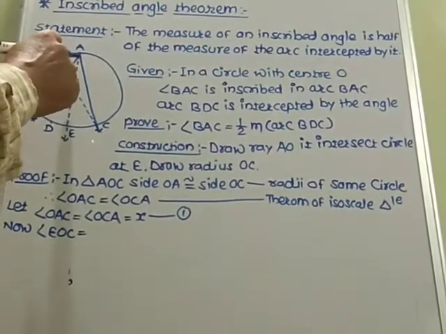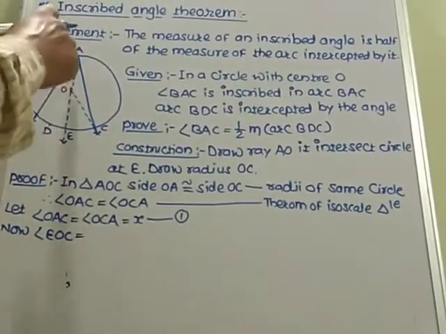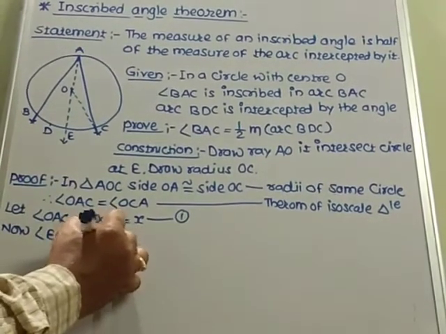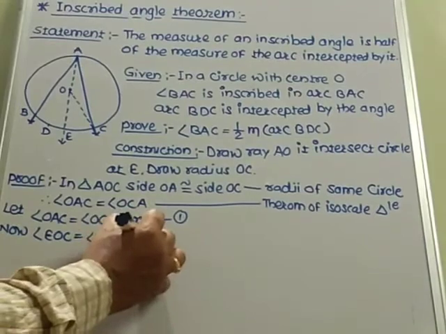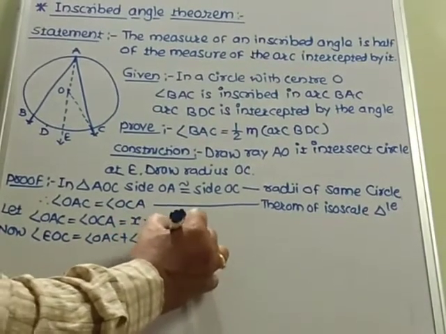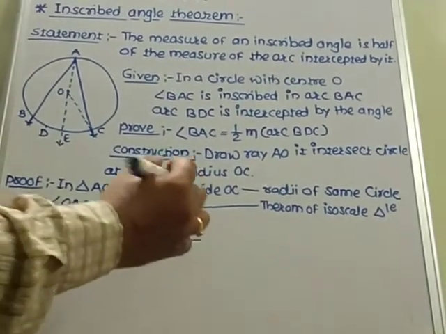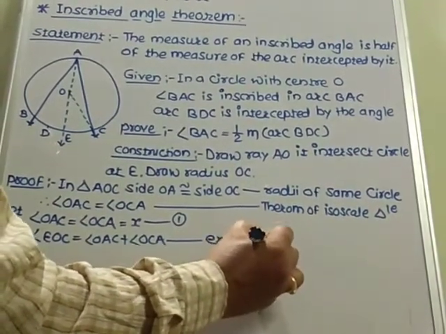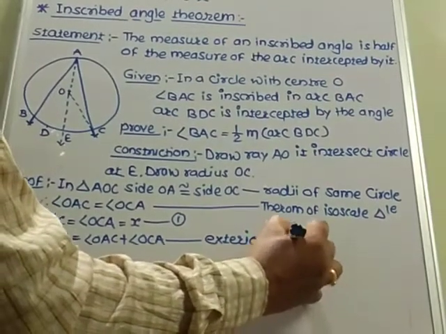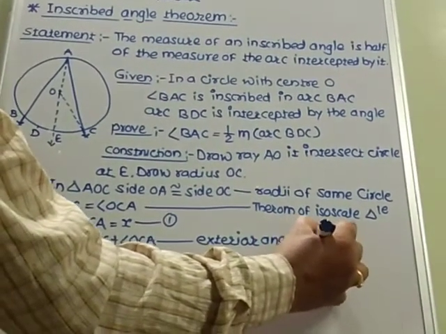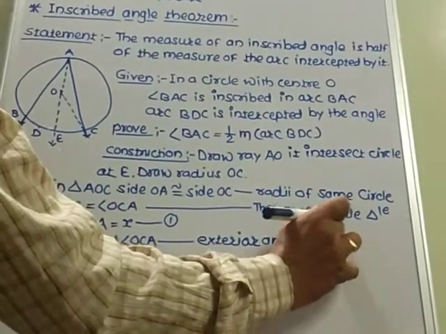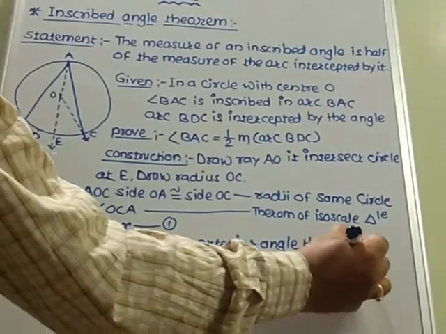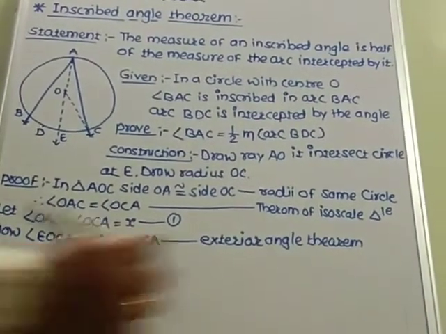EOC is equal to angle OAC plus angle OCA because of the exterior angle theorem of triangle.